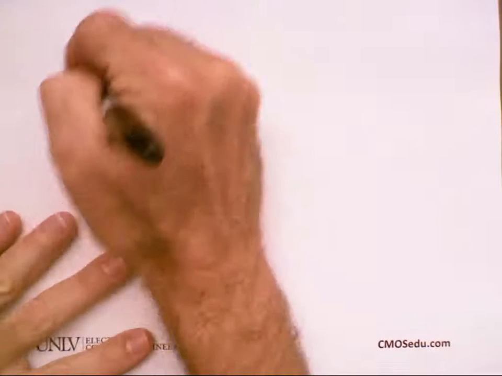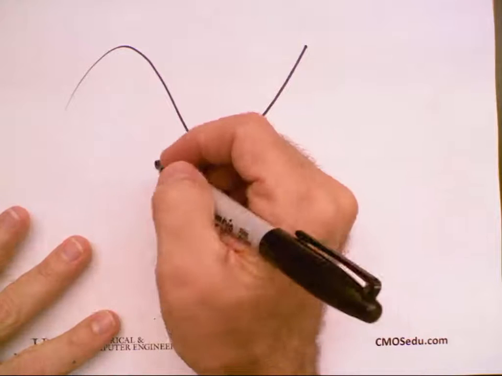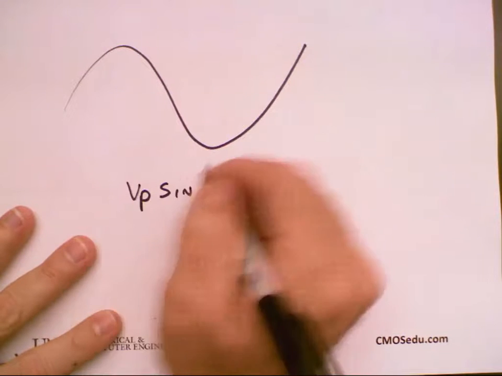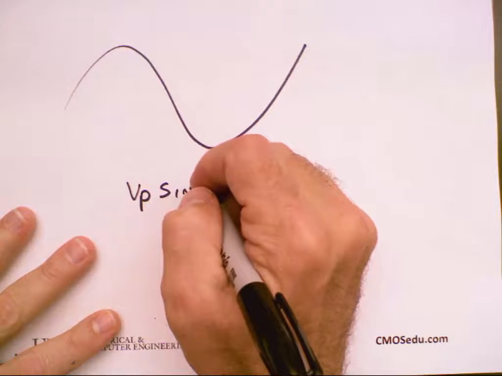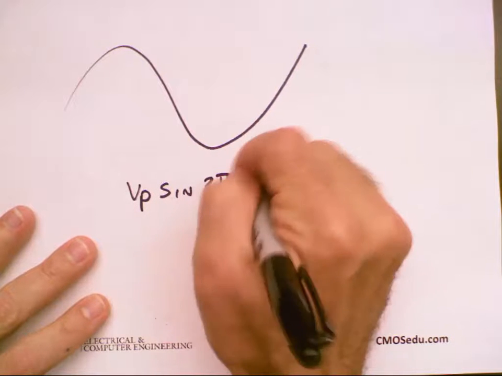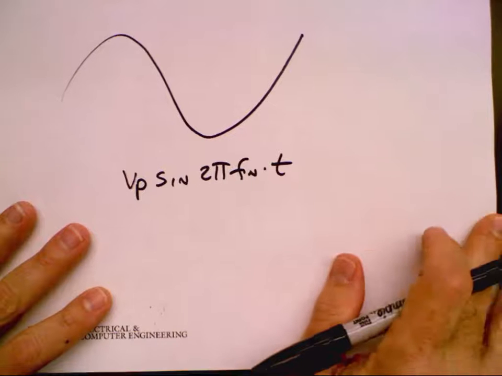So here's the problem. I've got a sine wave that's coming in, and I'll write it, staying consistent, as Vp sine of 2 pi Fn times t. I'm doing it a little bit different than the book.